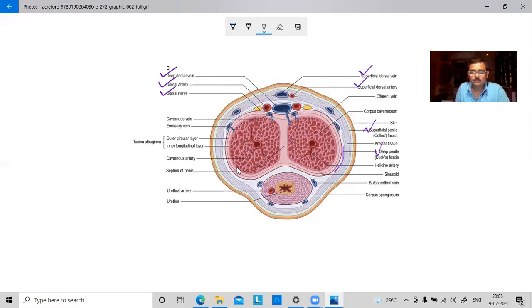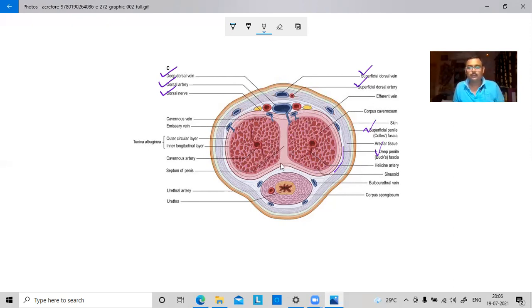Now, this Buck fascia, or deep fascia of the penis, covers the whole of the body along with the root, except at the distal end where it ends blindly, forming a conical loop around the neck of the penis.